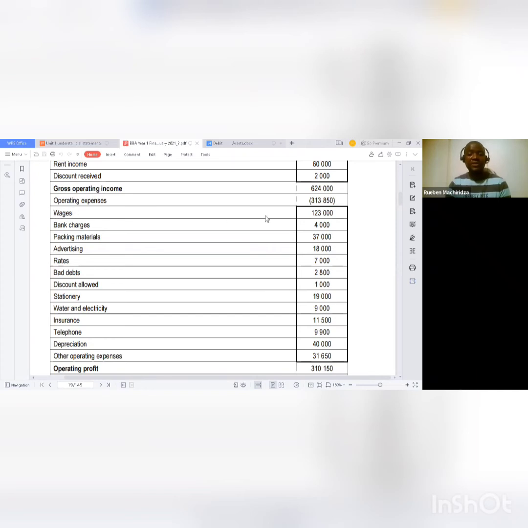When we say wages, we usually mean they are paid within a period of less than a month. So a company may be paying every fortnight, it's a wage. A company may be paying its employees every week, that is a wage. When the company is paying monthly, they become salaries. So these expenses, we record them under expenses.